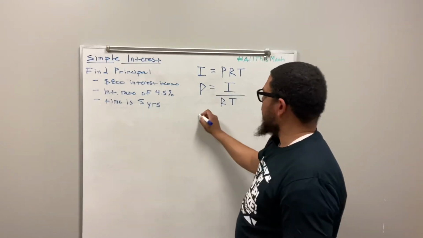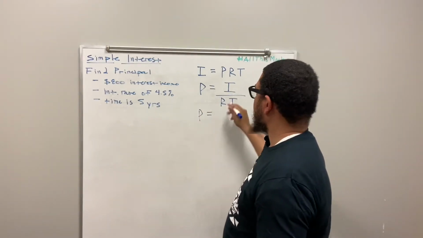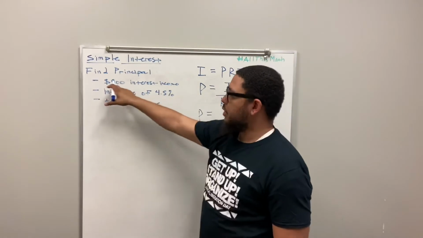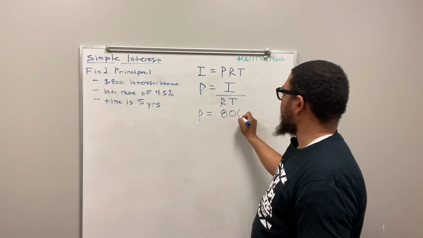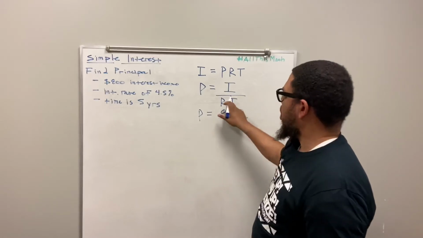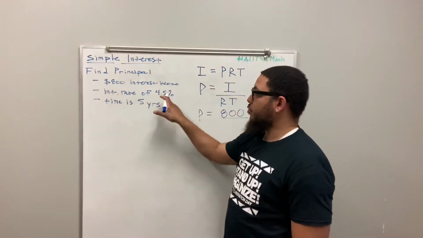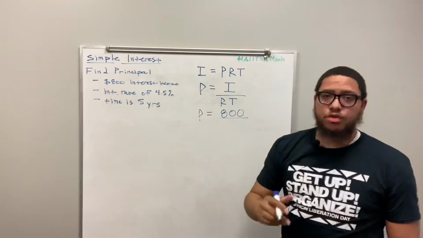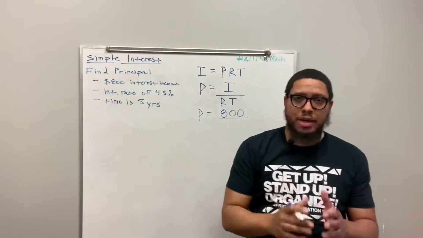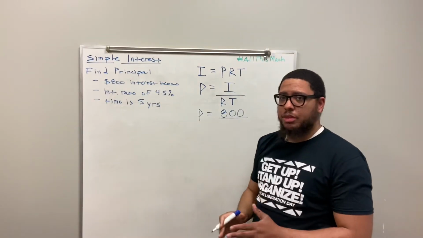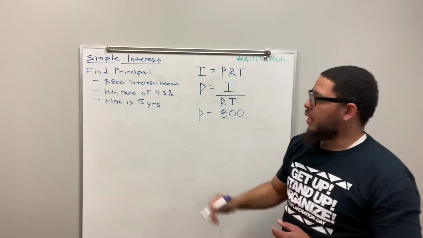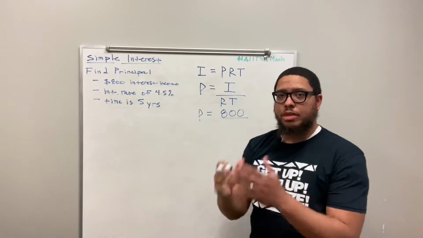So since I want to know what P is, P equals I. I stands for the interest income. So I'm going to replace the letter I with an 800. Now R stands for the interest rate, which is 4.5%. But if we've been paying attention, if this has already been introduced to us and we're a little bit familiar with the simple interest formula, we know that we can't use the interest rate in the percentage format.